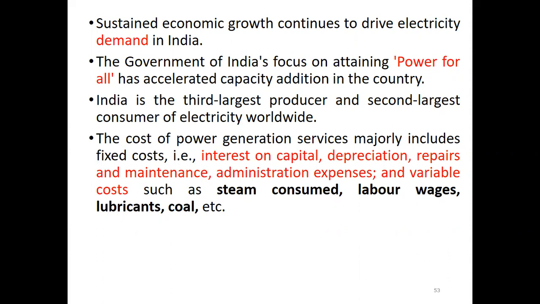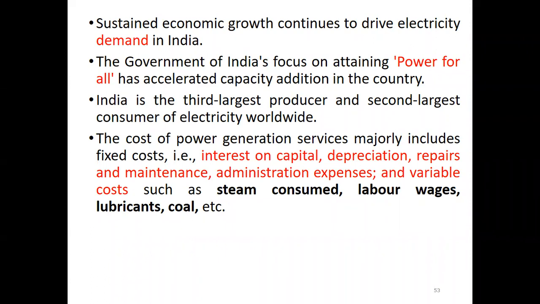Getting this? But we are not able to satisfy the demand of our customers, because industries are increasing. That's why a huge network or huge infrastructure of power is required. So India is the third largest producer of power and second largest consumer of electricity worldwide. This is the contribution of power.